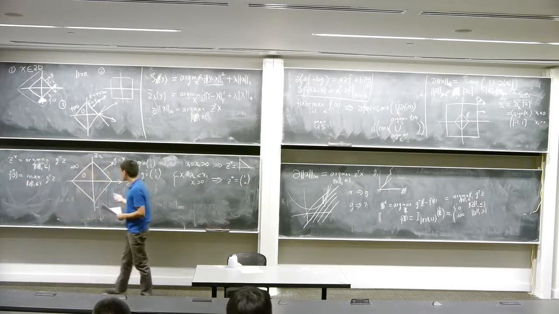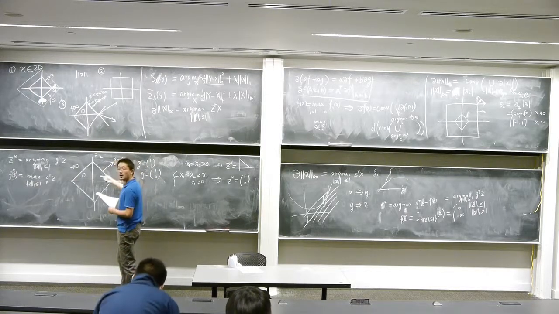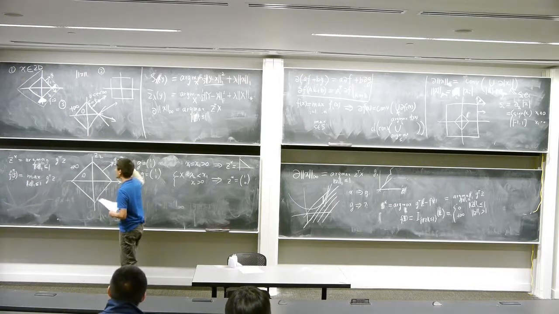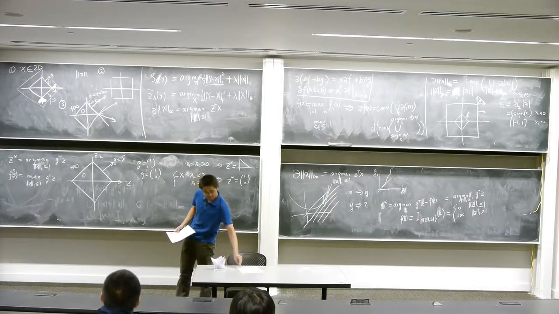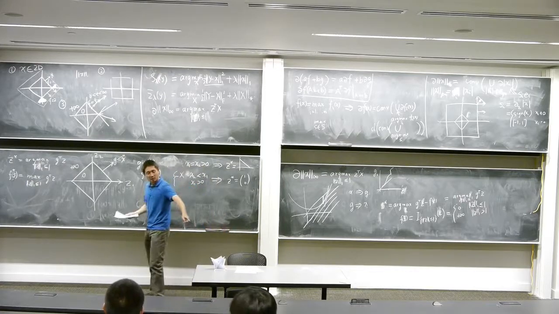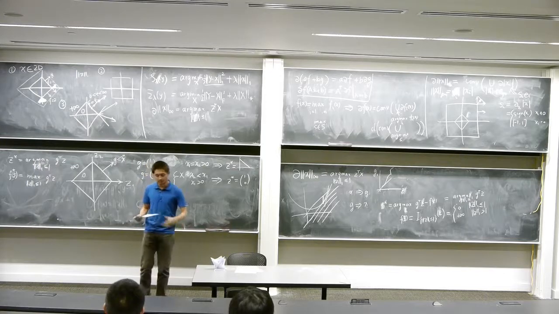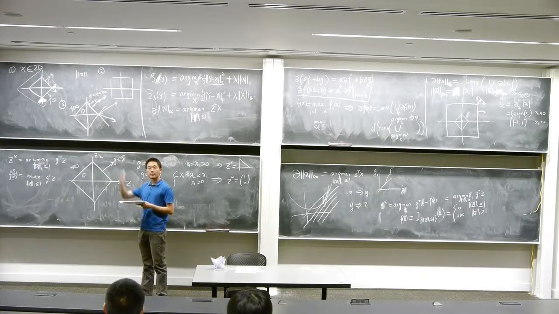And what f star is, suppose your g becomes larger. This time not a cone, not a pyramid, but I have just a flat board. This is 0, and everyone else is plus infinity, right?